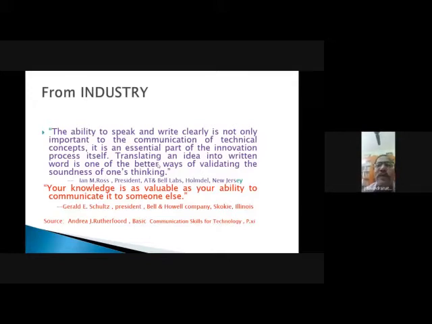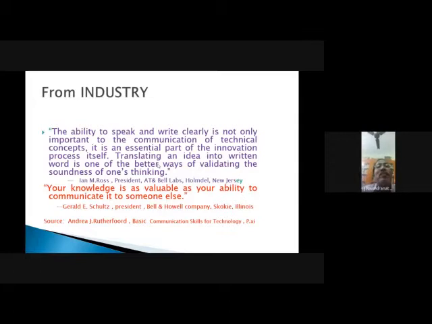So today, the most important skill is innovation, apart from soft skills, which are all part of time management, stress management, negotiation skills. Innovation has come to be recognized as the most important skill. And translating an idea into written word is one of the better ways of validating the soundness of one's thinking. Okay, you have a lot of ideas, then how can you translate them into language and communication? That is the most important thing.